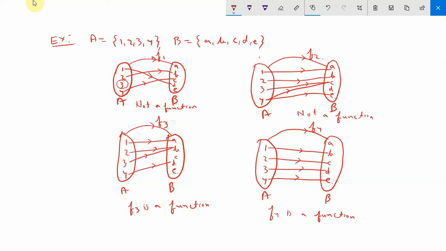Okay, friends. So let me clean this. So how can we describe a function? Description of a function.